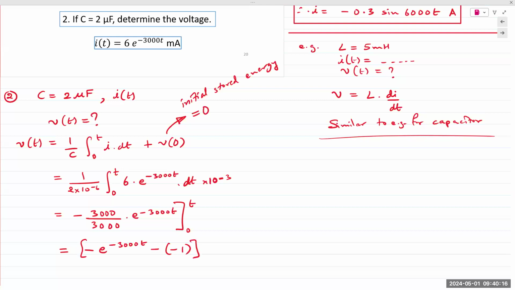This is after plugging in the limits of the integral. So you get positive 1 minus e raised to minus 3000 t. And the answer for this should be in volts. The reason I don't like to ignore the milliamps is at the end, sometimes it might cause error in calculation. So therefore, voltage V of t.